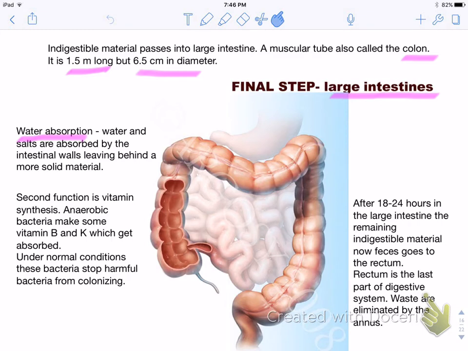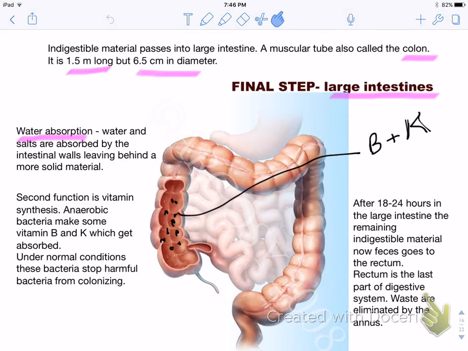The second function of the large intestine is to make vitamins. You do have bacteria that live in your large intestine. These bacteria are able to make vitamin B and vitamin K. These are important in your diet.